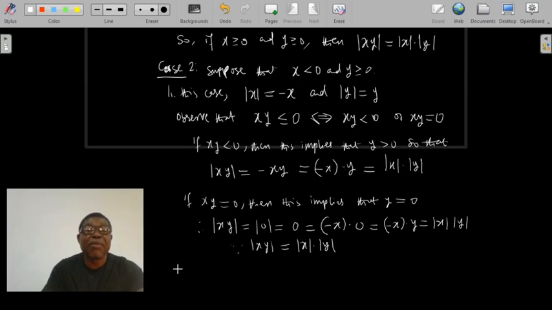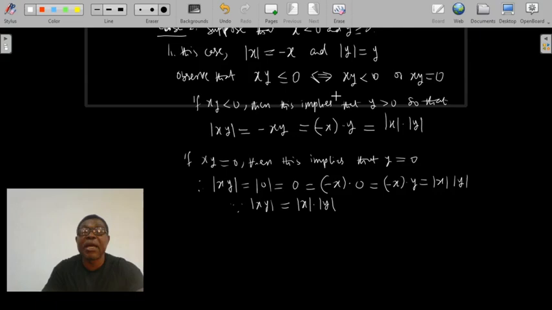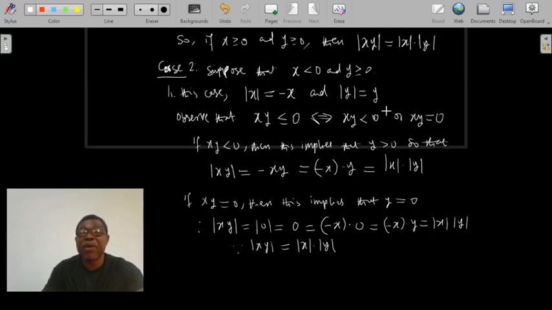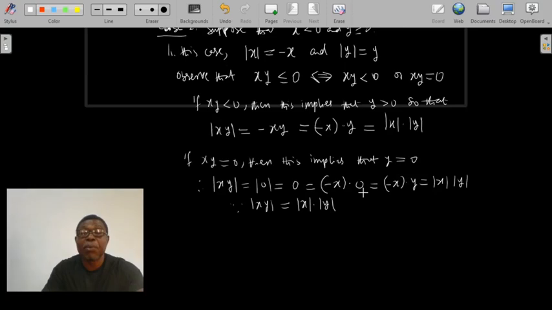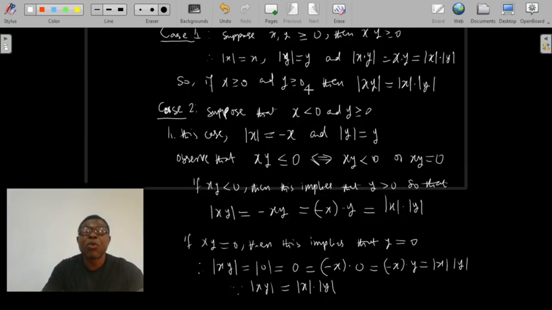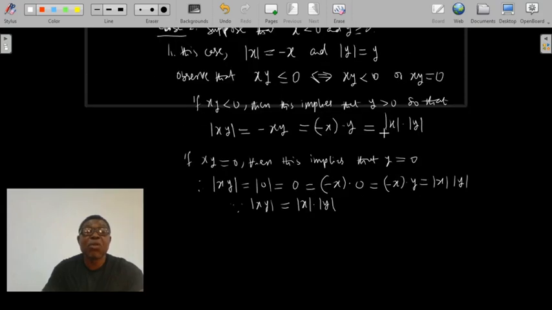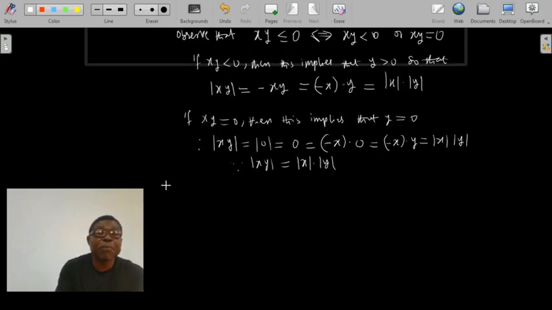I should have called it case 3, but that is the case where x is greater or equal to 0 and y is really less than 0. But you find out that the whole case reduces to repeating almost the same thing, except that we have to interchange the roles of x and y. That's the case where we assume x is greater or equal to 0, while y is less than 0.